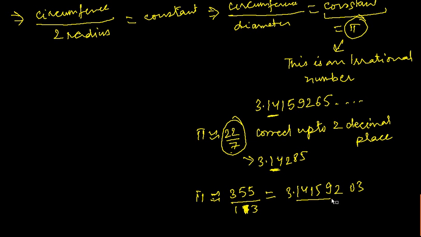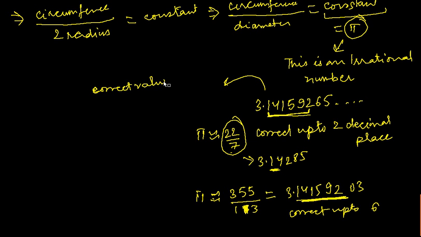So you can see that this is correct up to 6 decimal places. The first 6 values are matching. The exact value of pi is correct up to 8 decimal places.